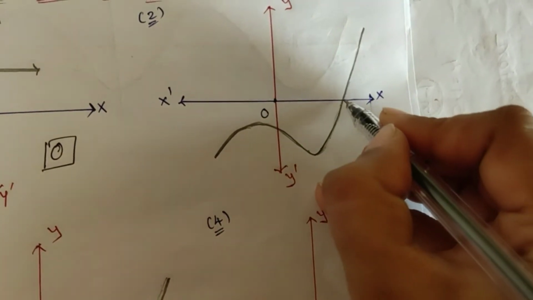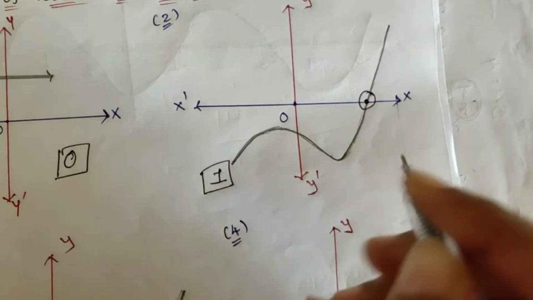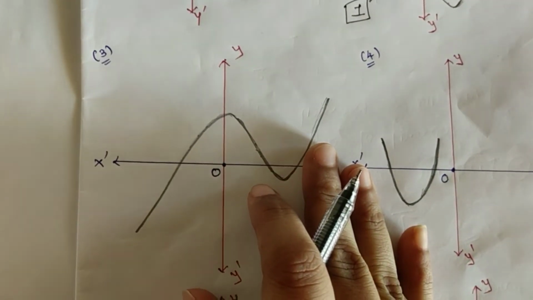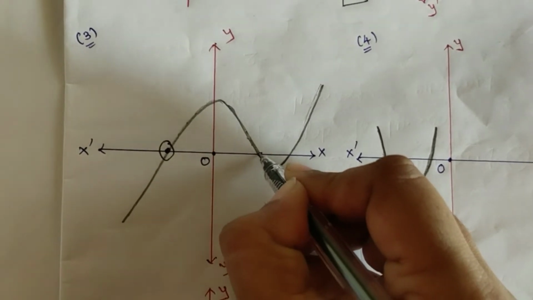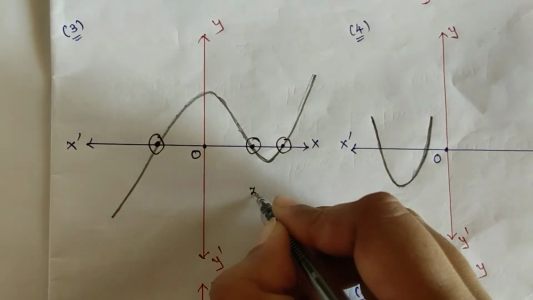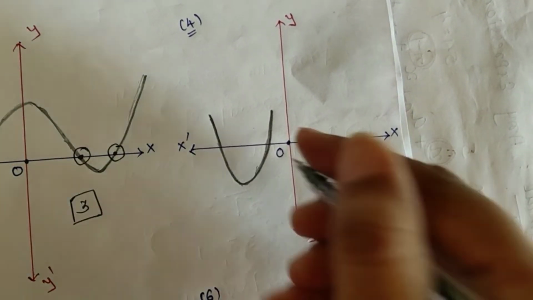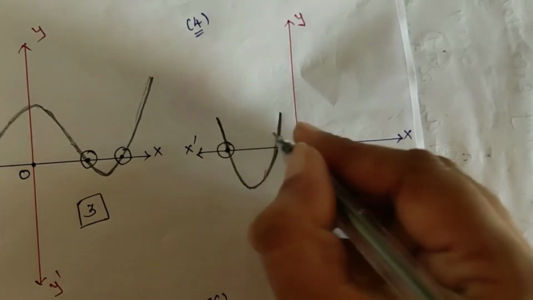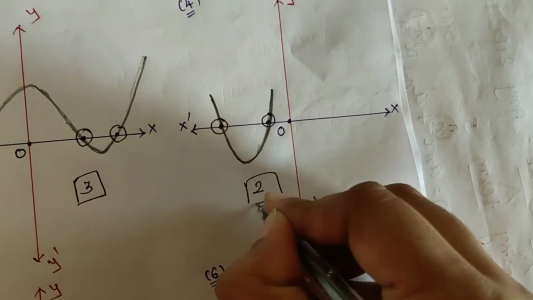Second graph, x-axis पे एक पॉइंट पे टच कर रहा है, then answer is number of zeros is 1. We'll go for number 3, जो x-axis को first, second, third 3 पॉइंट्स पे टच कर रहा है, then answer is number of zeros is 3. यहाँ पे देखते हैं x-axis को first and second 2 पॉइंट्स पे कट कर रहा है, then answer is 2.